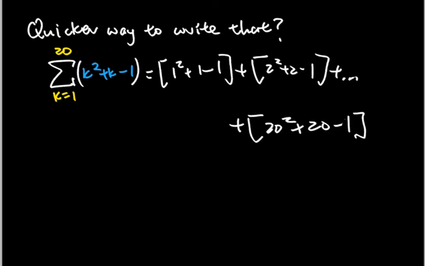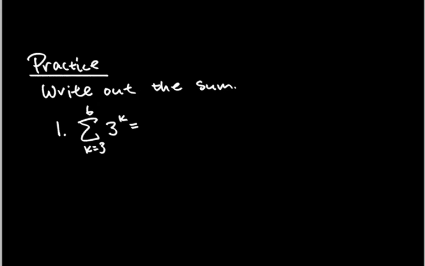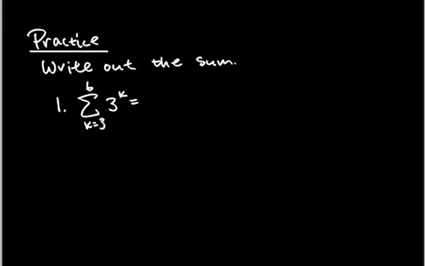Okay, so let's practice. So write out the given sum. So 3 to the k is our argument, and we're starting with k equals 3, going until k equals 6.